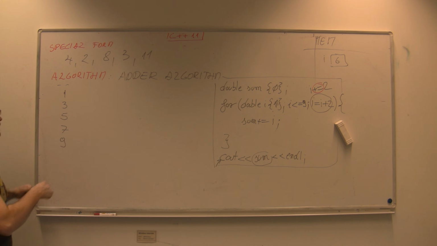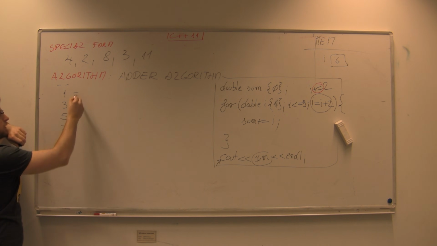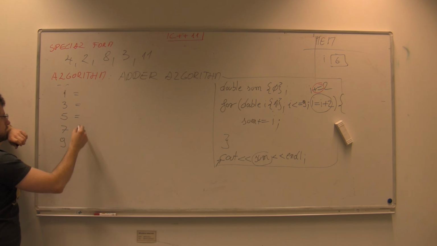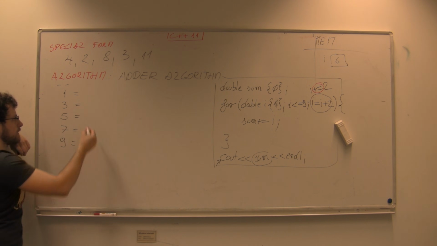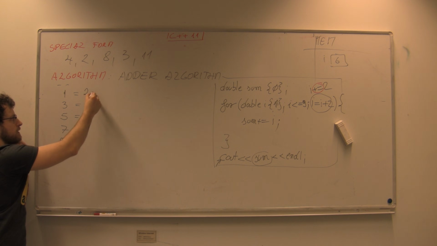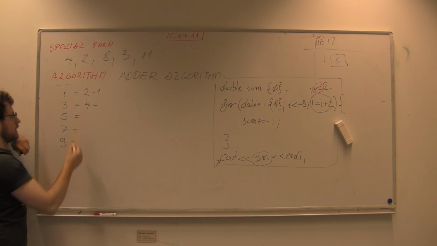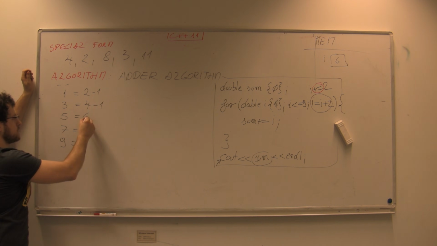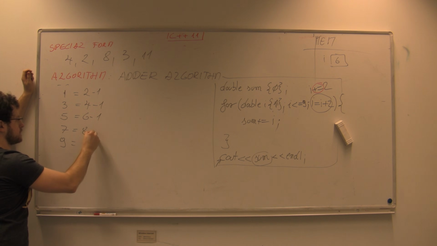We can also maybe think in a slightly different way and say that the first odd number is actually the first even number minus 1. And the second odd number is the second even number minus 1. And the same for the rest.